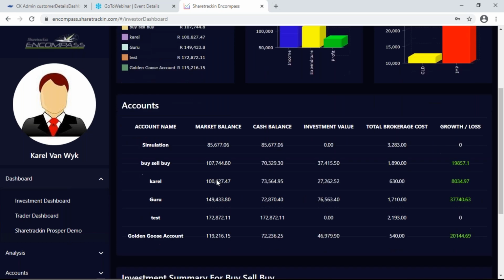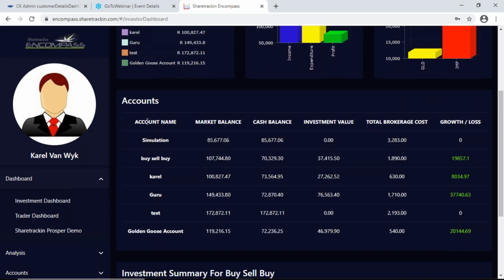Then next up, I have accounts. So underneath accounts, I would get the account's name. For instance, simulation. The market balance is what this portfolio is currently worth. The cash balance is what I have to spend on shares. Investment value is what I invested.